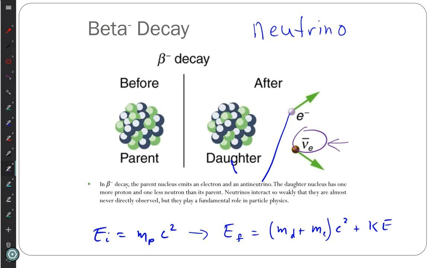There was no electron. You had an interaction between the quarks that make up the protons and neutrons that created the electron and the electron antineutrino. And so energy was converted into making those. So they didn't come from somewhere, they were created. They came from energy.